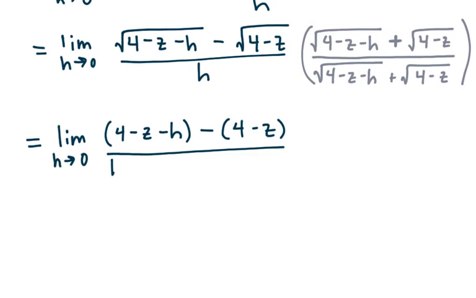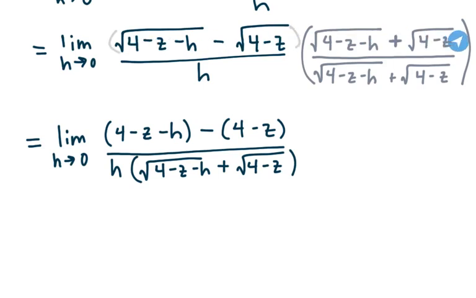And all of that is over h times the quantity square root of 4 minus z minus h plus the square root of 4 minus z. So it should be easy for you to FOIL all of this and create that numerator. All right, but if you need to, pause the video, practice, make sure you can come up with this next line.